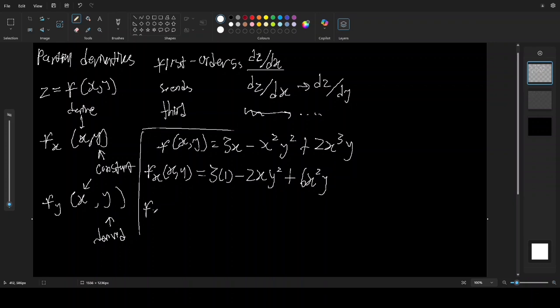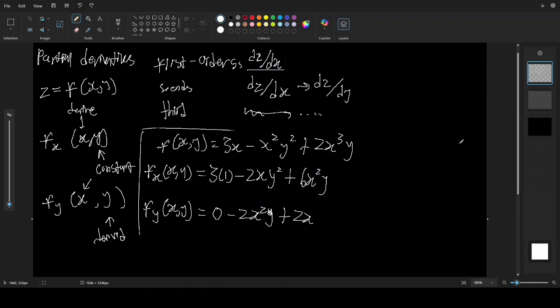But if it's in y, f_y(x, y), then since 3x has no y in it, it will be treated as a constant, and it becomes 0. As for this one, it's 2x^2 y. And for this one, it's simply 2x^3.